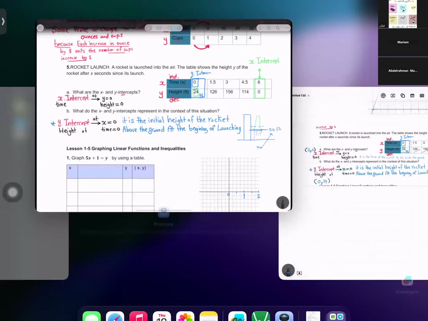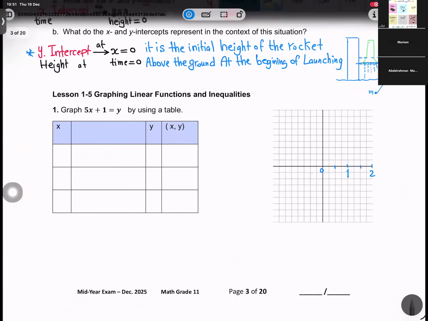Let's do the next: graphing linear functions and inequalities. Graph 5x plus 1 equals y. Is it linear or not linear? I don't understand how you do this one. Okay, Mariam, let's do it together. First of all, it is linear because x is to the power 1 and y is to the power 1.